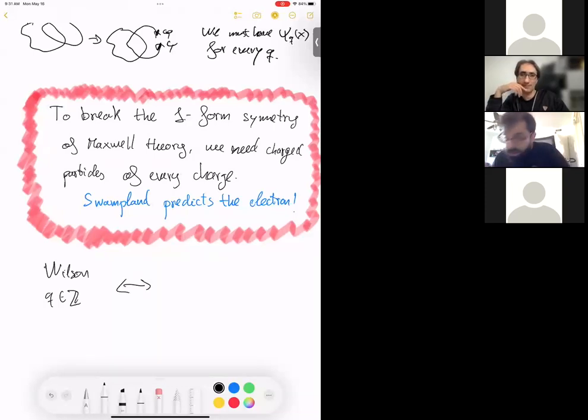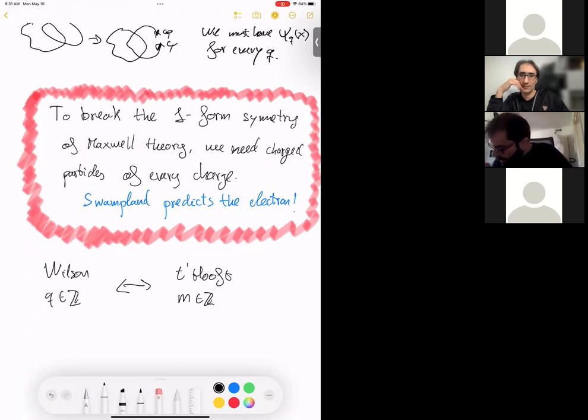You can make a similar argument at the level of operators. On top of Wilson lines, there are other lines which I haven't discussed. There are actually two one-form symmetries in Maxwell theory. There's an electric one-form symmetry, which we discussed, and a magnetic one-form symmetry, where the charged operators are called 't Hooft lines. These 't Hooft lines describe what happens if you introduce a probe magnetic monopole in the theory.